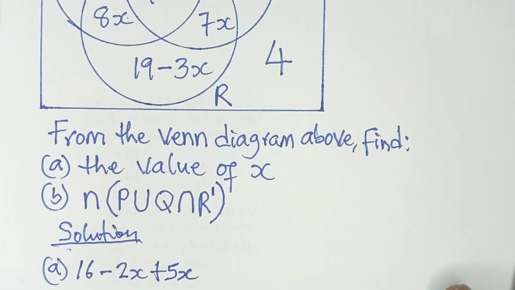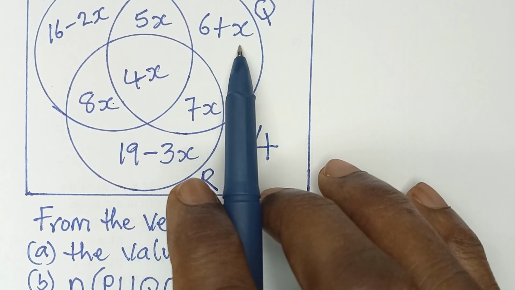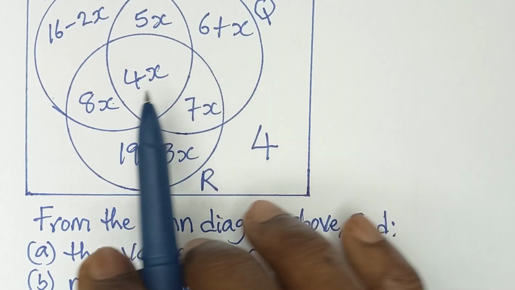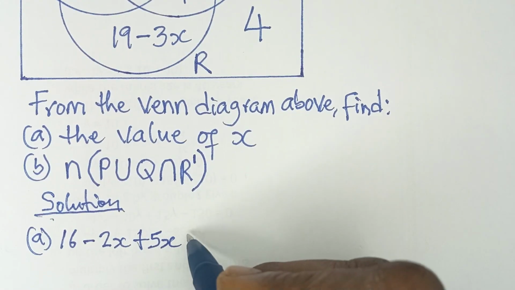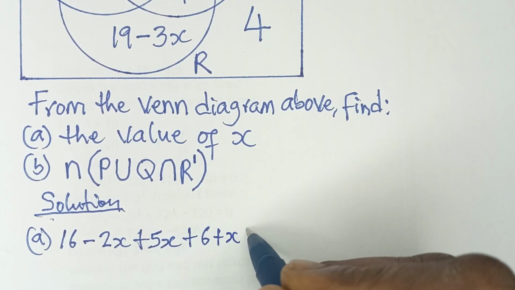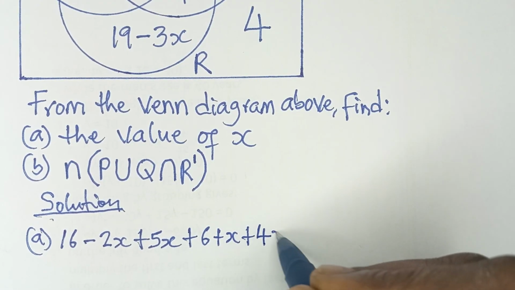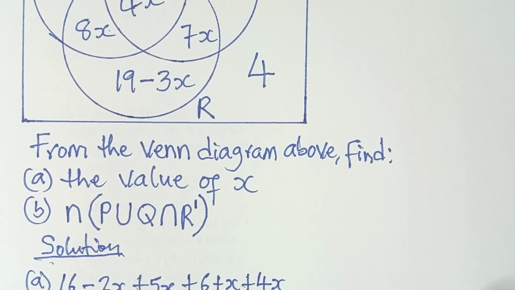And then what I have at the upper parts there again, I have 6 plus x and 4x. So I'm going to say plus 6 plus x and then also plus 4x. Then what else do we have there?